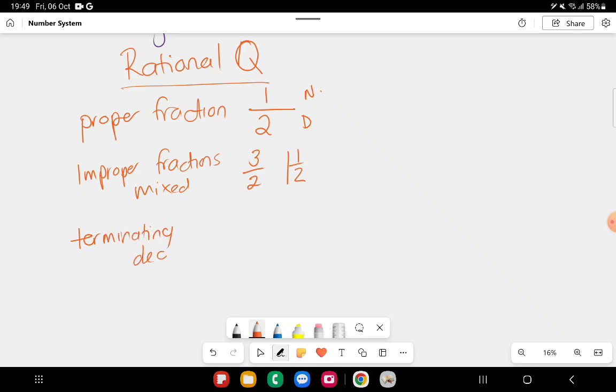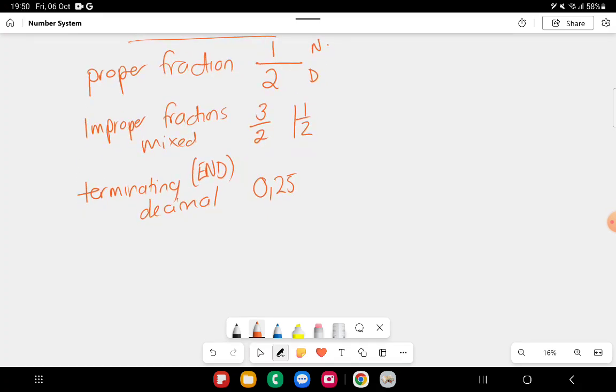Another example is what we call a terminating decimal. Terminating means end, an ending decimal, a decimal that does not continue forever. For example, 0.25 ends right there. It's got 3 digits, 0, 2, and 5, and then it ends. It does not continue forever. And then we have what we call recurring decimals.